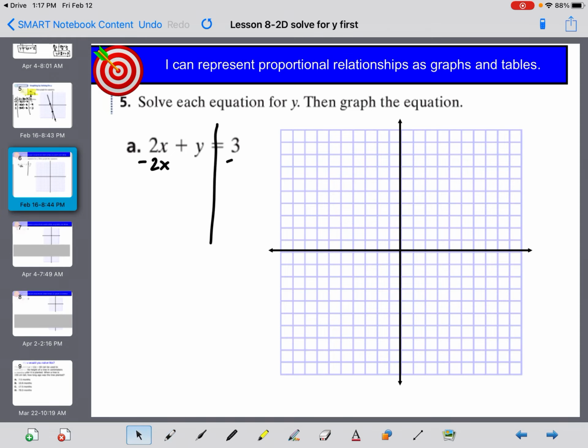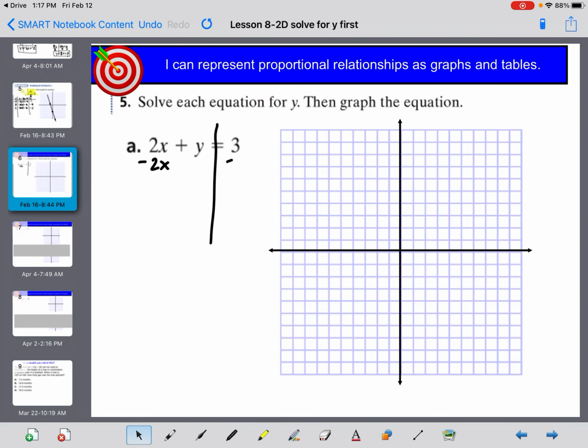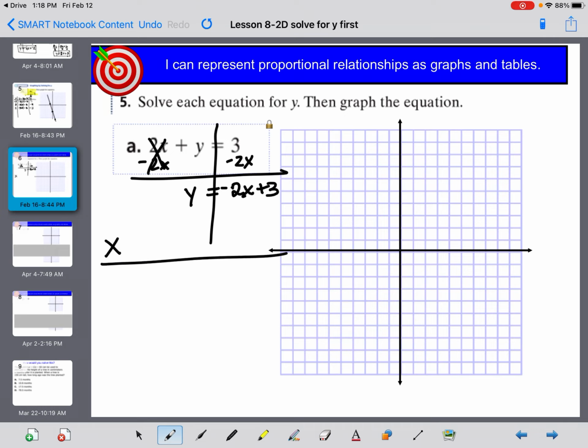I see that I should subtract 2x from both sides. Y equals negative 2x plus 3. Okay, this is a whole number, so go ahead and use negative 2, negative 1, 0, 1, and 2, or just use negative 2, 0, 2.